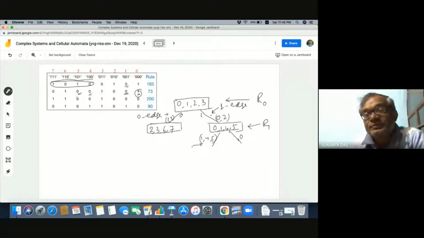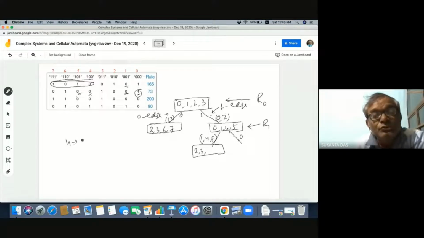What do I get here? From 1, I get 2 and 3. From 4, 4 into 2 is 8, 8 mod 8 is 0, and 2 into 4 plus 1 is 9, 9 mod 8 is 1. So from 4, I get 0 and 1.